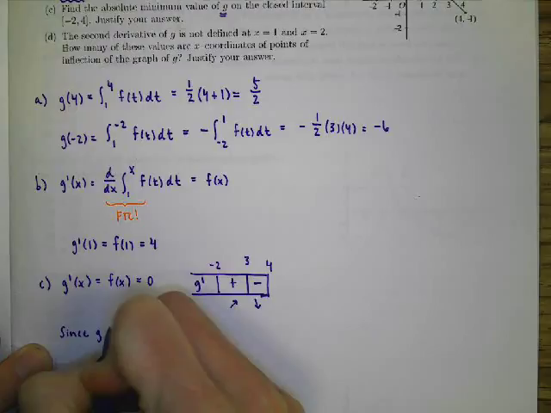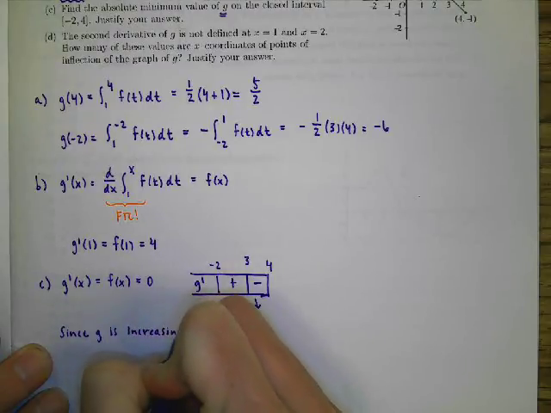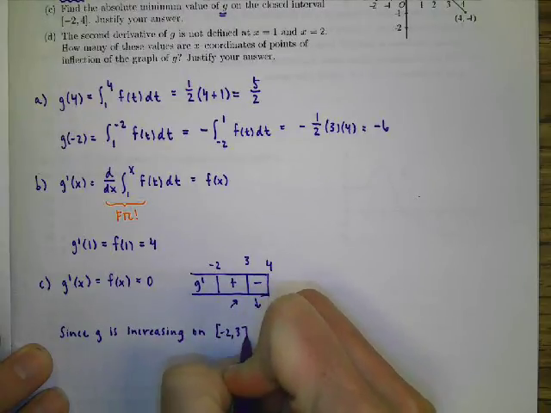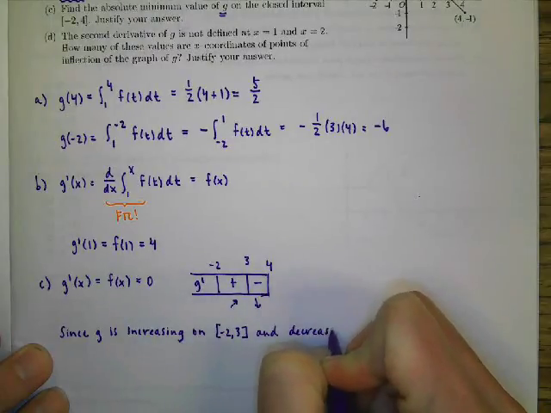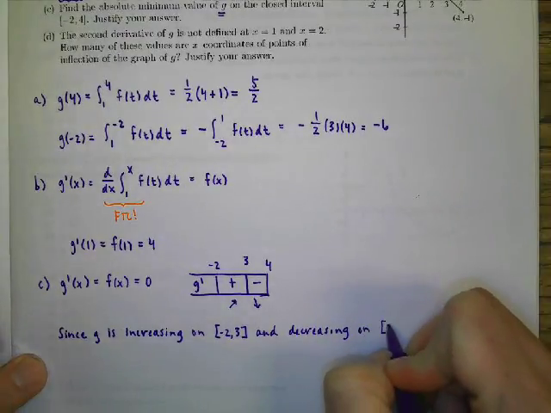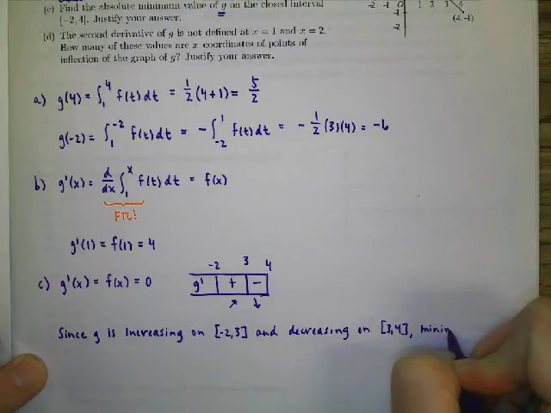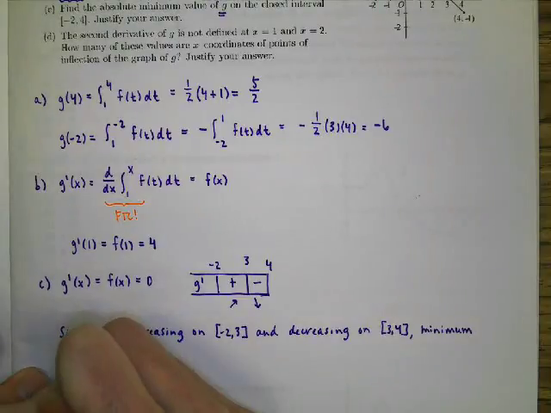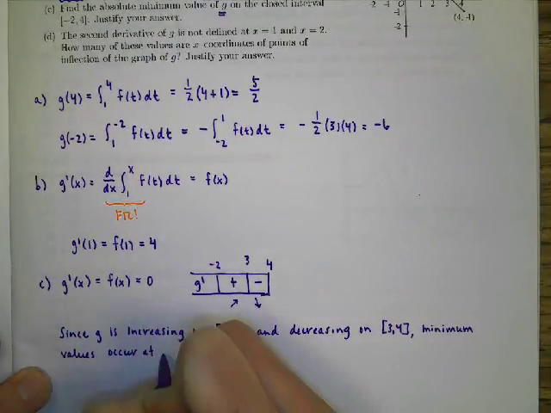Okay, since g is increasing from -2 to 3 and decreasing on the interval from 3 to 4, I know that the minimum values occur at the endpoints.